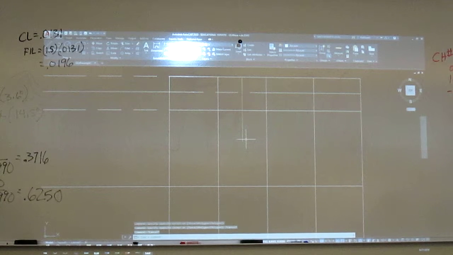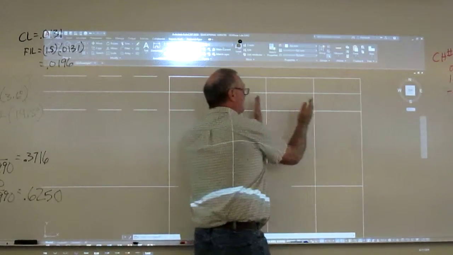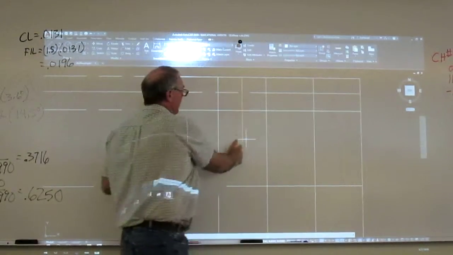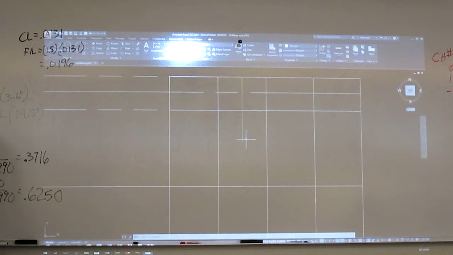Okay, so do you see how I've got that? Where I've got pitch, pitch, pitch, pitch. I went and drew 1/2 of pitch. And the pitch is the axial pitch. Yes, it is.